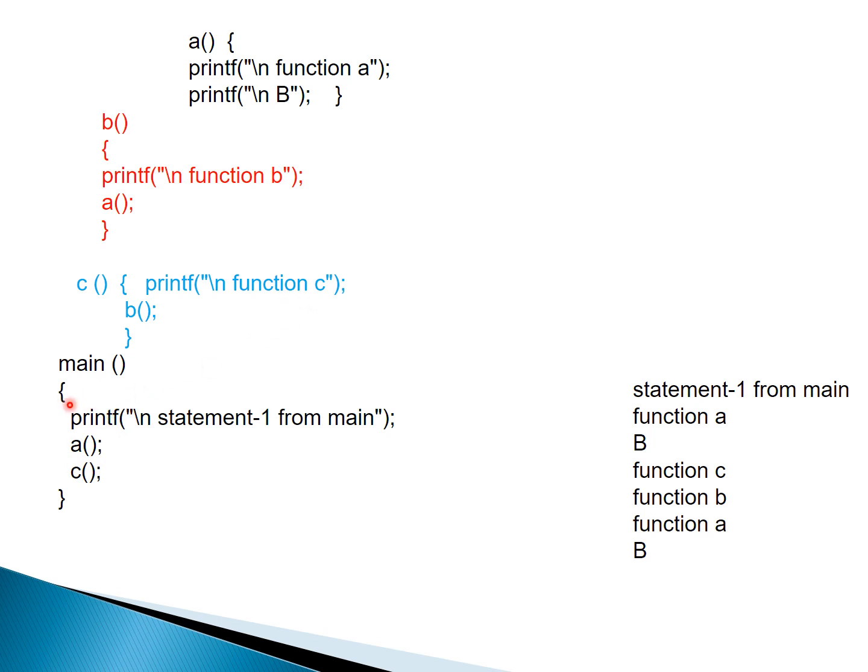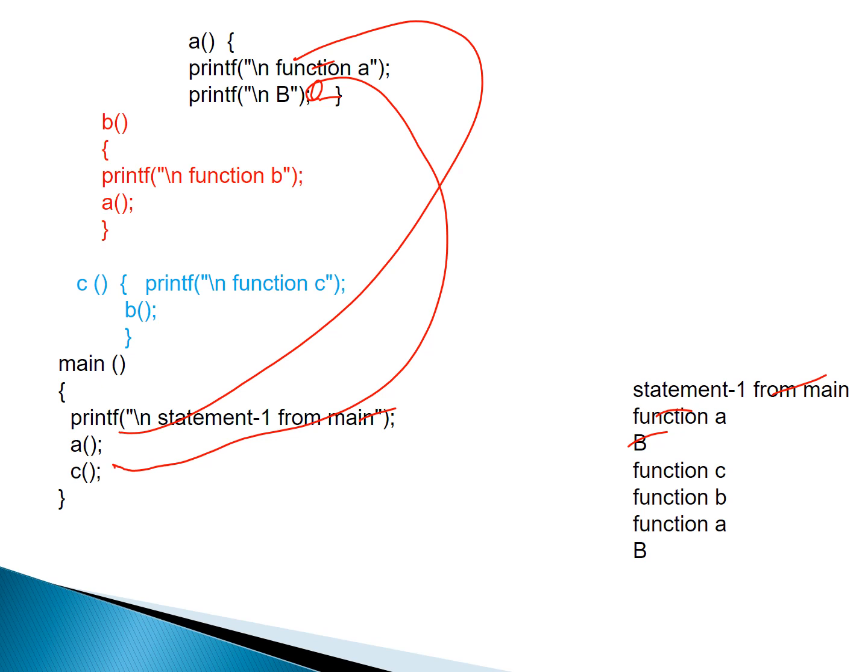So let's start with the main, and I have to use the pen. Okay, so the first statement, this is executed, then the control will go to A here, then these two statements are executed, so we are done with this. The control will come back from this point to C, and we are calling C, so the control will come here.